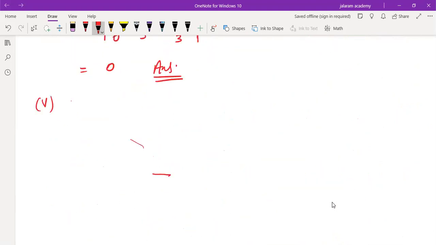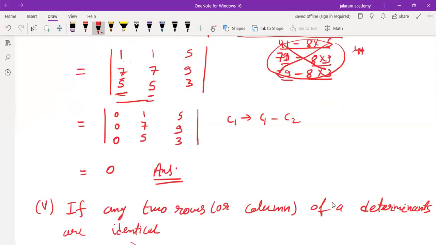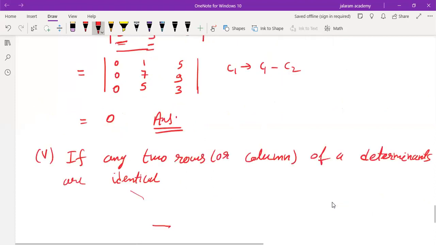If any two rows or columns of a determinant are identical. Identical means their order must always be the same. 175, 175. It doesn't give 157 and 175. Then they are not identical.